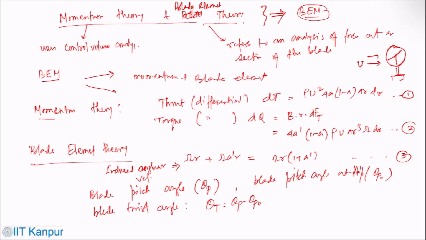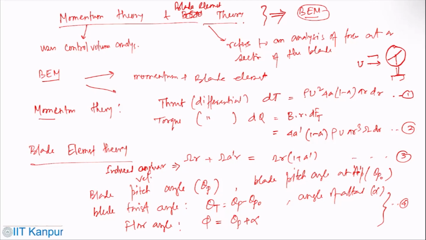However, for the angle of attack, you can write phi equals theta p plus alpha, if the angle of attack is alpha, where phi is the flow angle. That's equation 4. Essentially these are all the nomenclature that we have already used earlier.